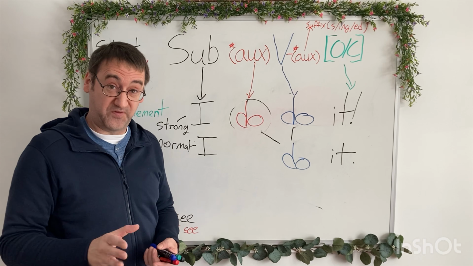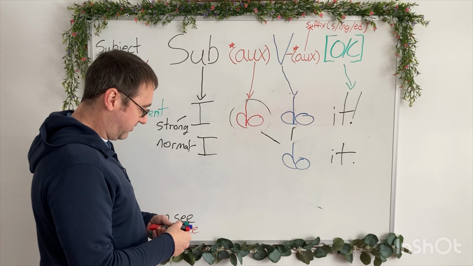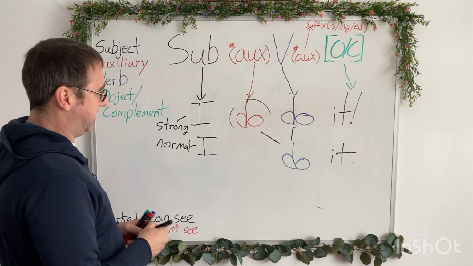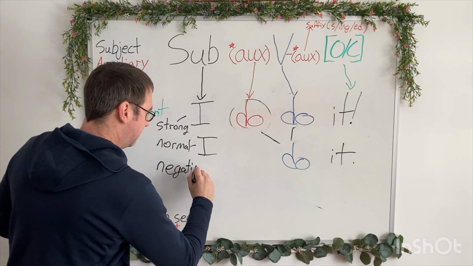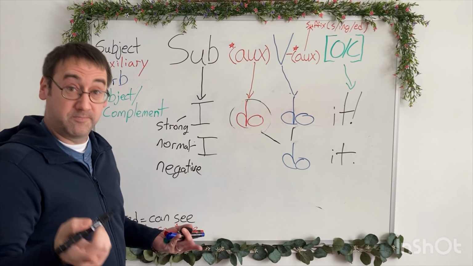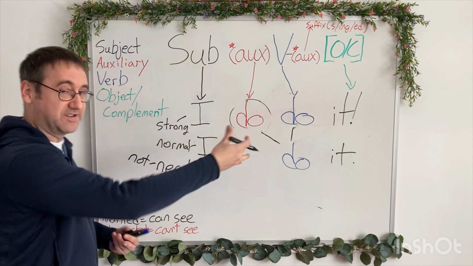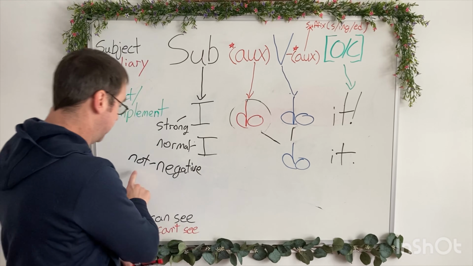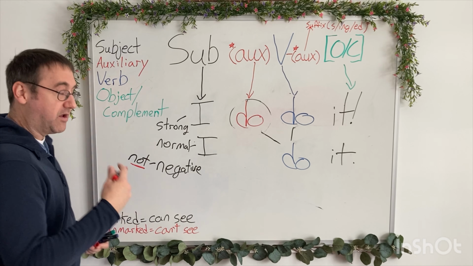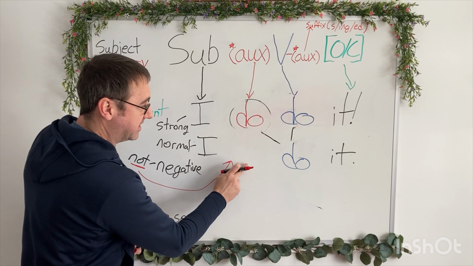Another function or another job of the auxiliary is to make the negative in English. Now the negative is the word not, right? We add it to the sentence. And in English, when we add the not, it always attaches to the auxiliary.